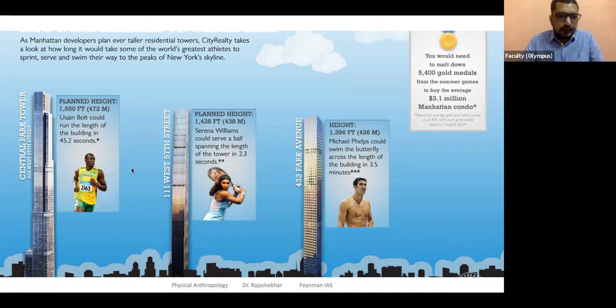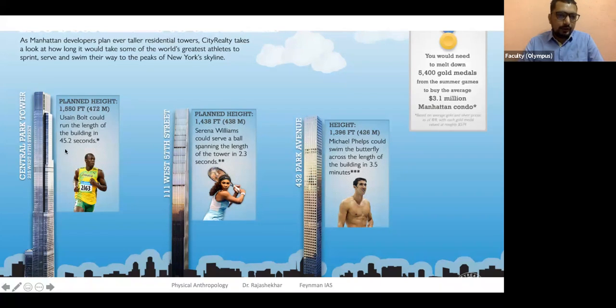Different people may take different amounts of time to get there. The world's greatest athletes, either to sprint, serve, or swim. The height is about 1,550 feet. It's like Highlanders living in, it's like people living on the earth but taken to the highland regions, so they require certain adaptations, as you see here.